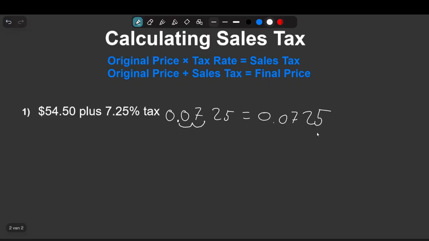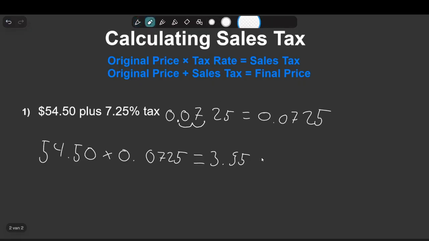Now we're going to multiply this number by our original price of $54.50. So let's do it down here. $54.50 times 0.0725 will equal 3.95.